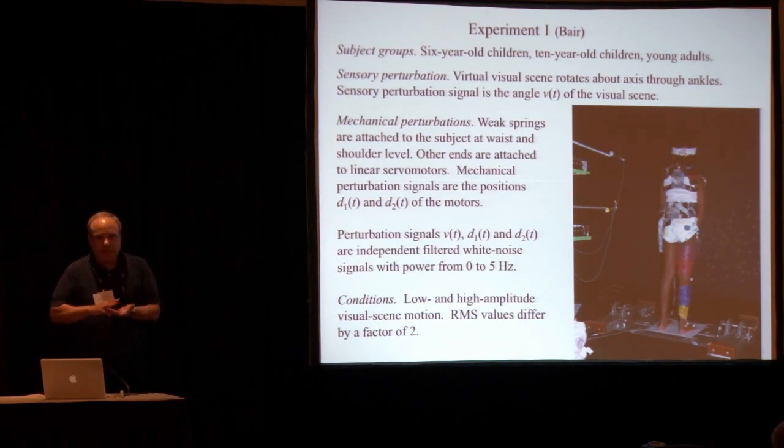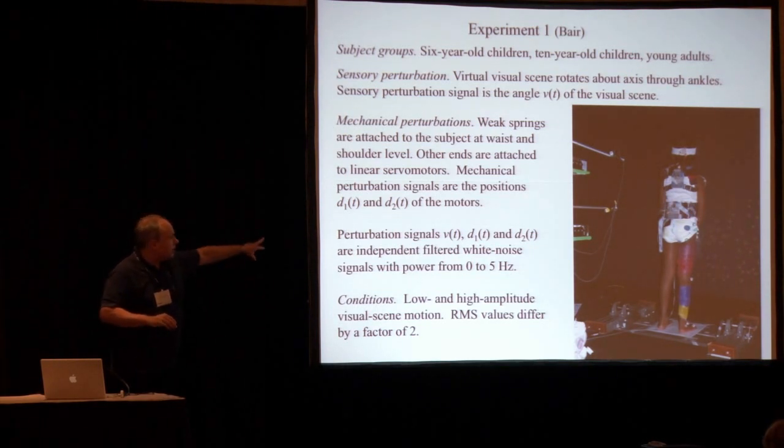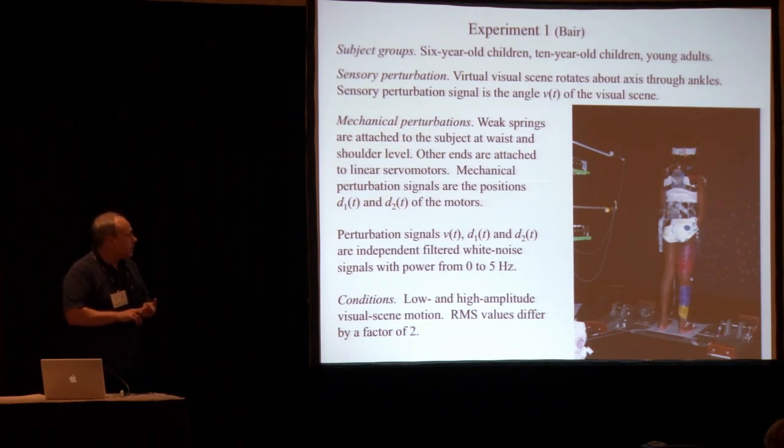So their perturbation signal is the position of those two motors. So we have these three perturbation signals. One sensory perturbation, V of T, which is a visual scene angle. Two mechanical perturbations, and those are independent white noise signals with power from 0 to 5 hertz. And there are two conditions. There's a low amplitude and a high amplitude condition of the visual motion, and they differ by a factor of 2 in amplitude.